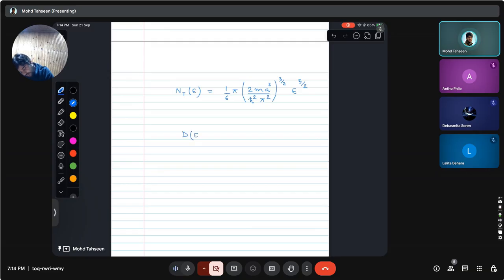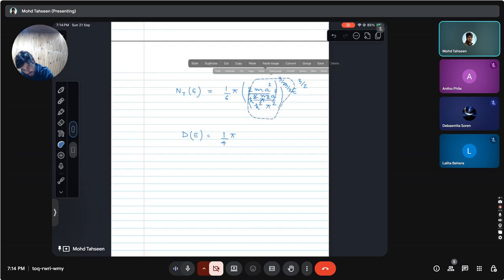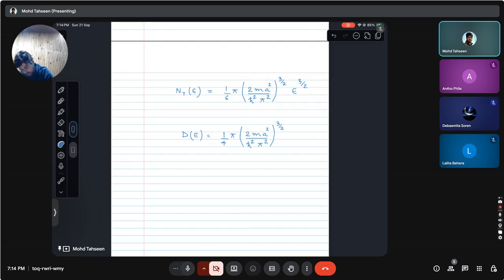This is the density of states. It is 1/4 pi, and the same term reappears here, and then energy should be to the 1/2.